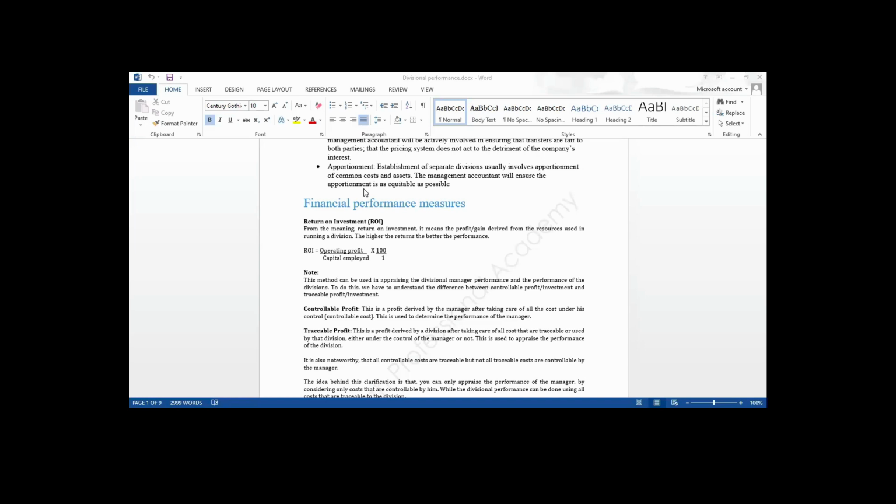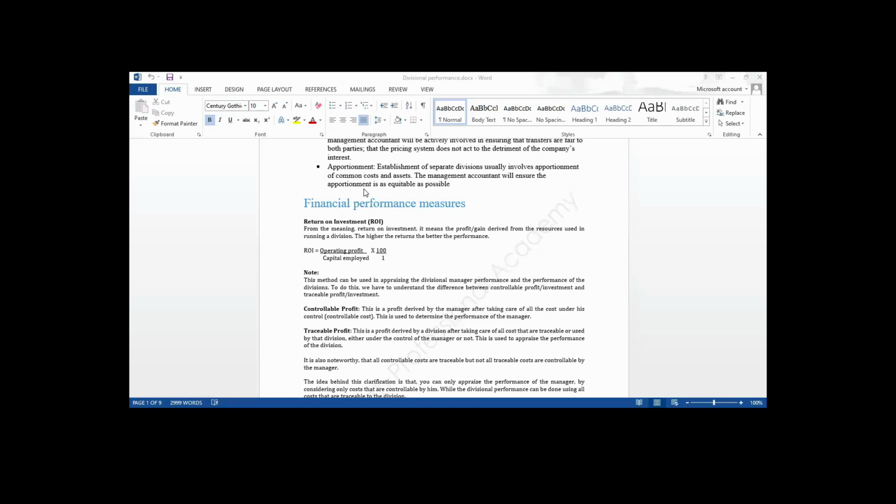The rate is externally determined. That's what we call the controllability concept and non-controllability concept.